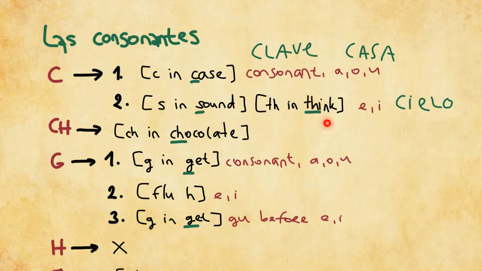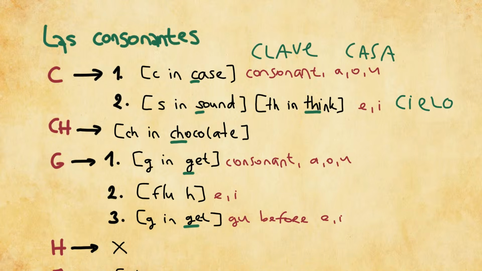But most people are more inclined towards the TH or something in between, so we're always safe with TH. Okay, so if a C is followed by consonant A, O, U, it's like case. If the C is followed by E or I, it's like thing. Clave, casa, cielo.